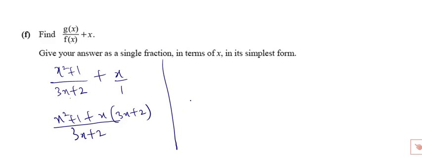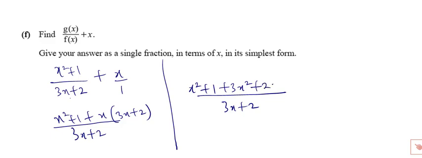Now we expand the bracket. So that will give us x squared plus 1, then plus x times 3x, that is plus 3x squared, x multiplied by 2, that is plus 2x.